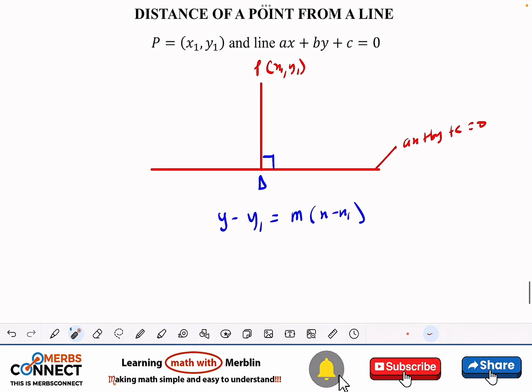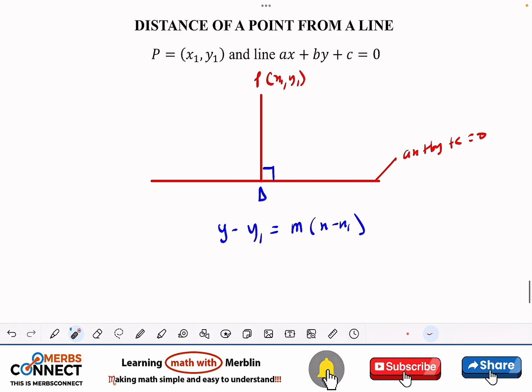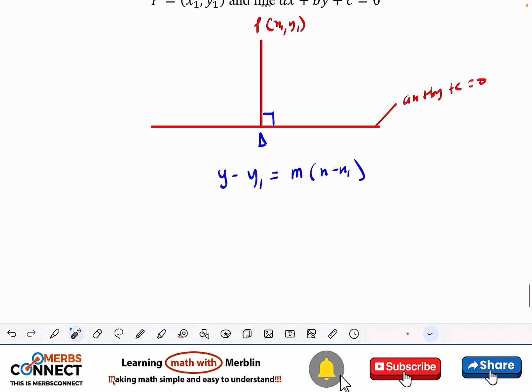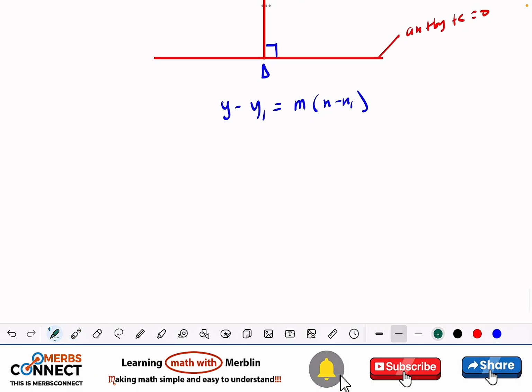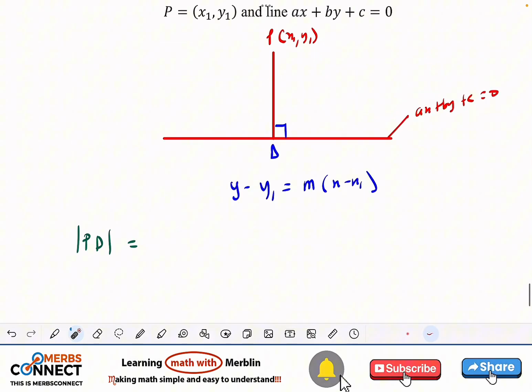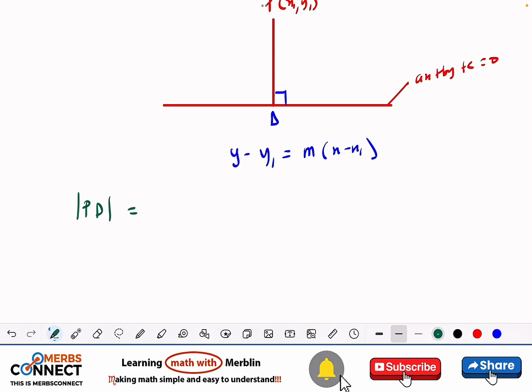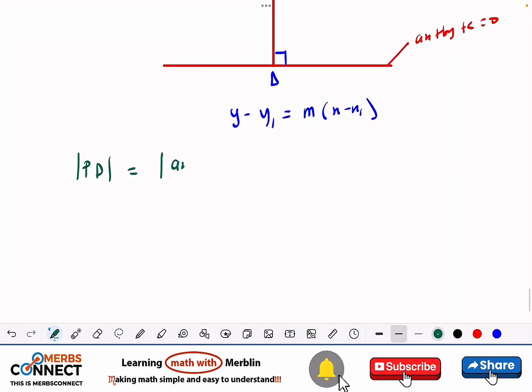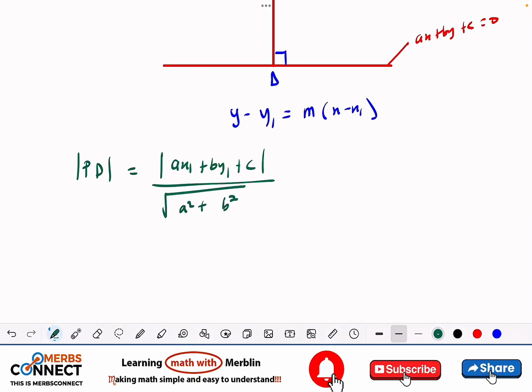So here, understand, when we are talking about the distance between 2 points and the distance of a point from a line, we have different formulas for that. So what's the formula that we're going to learn from this one? We are saying that the distance between P and D, this distance here, is equal to the absolute value of ax1 plus by1 plus c, divided by the root of a squared plus b squared, right?